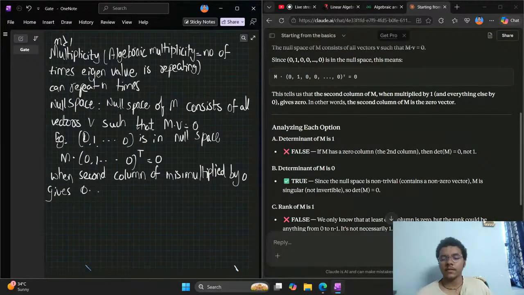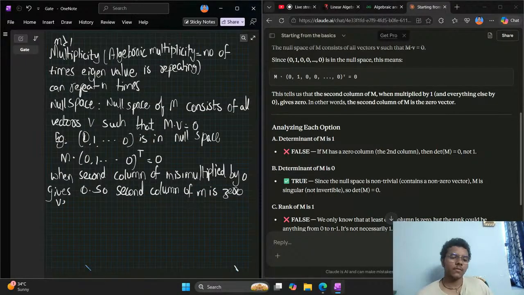If M has a 0 column, so the second column of M is a 0 vector, then that M is equal to 0.